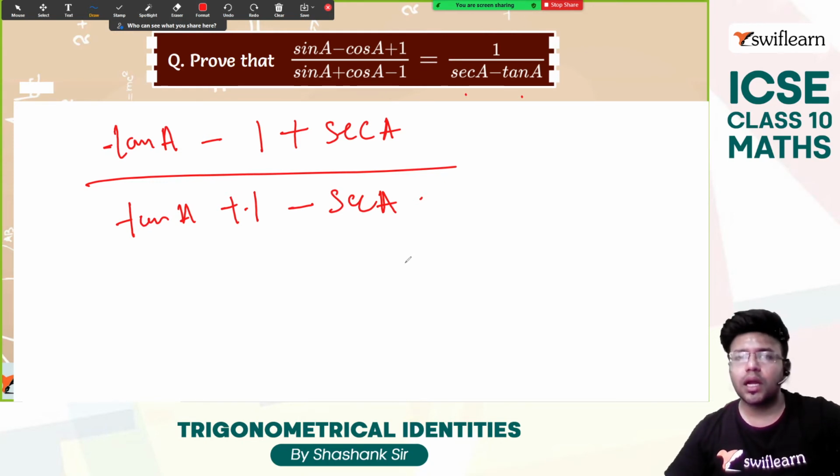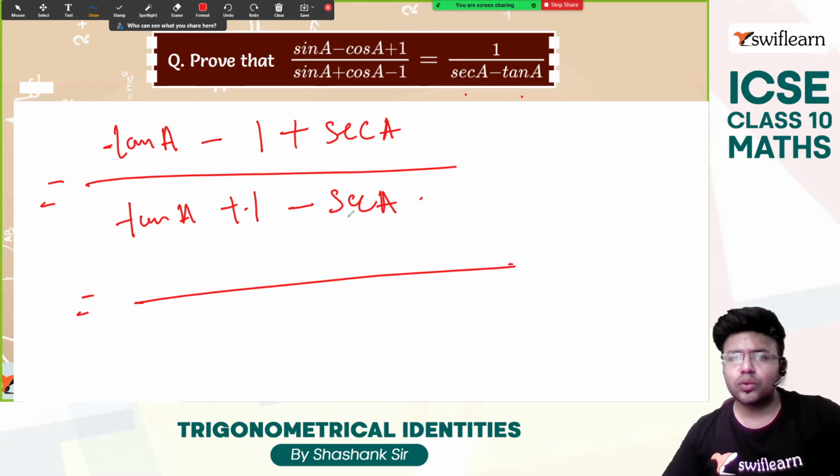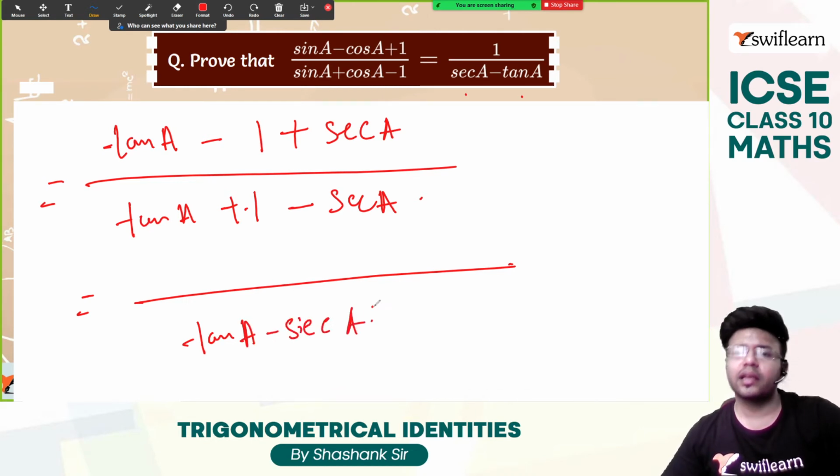Now the next thing you need to do is write this separately: tan A plus sec A in the numerator, and tan A minus sec A plus 1 in the denominator.